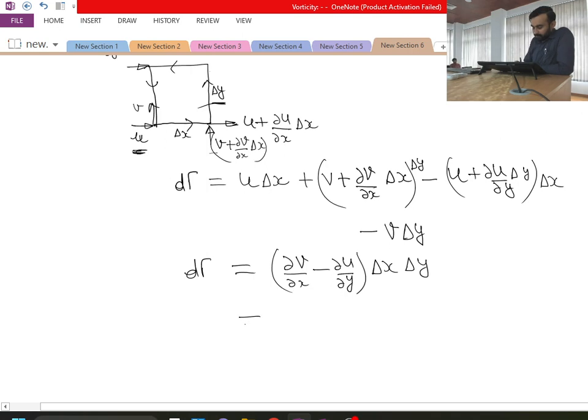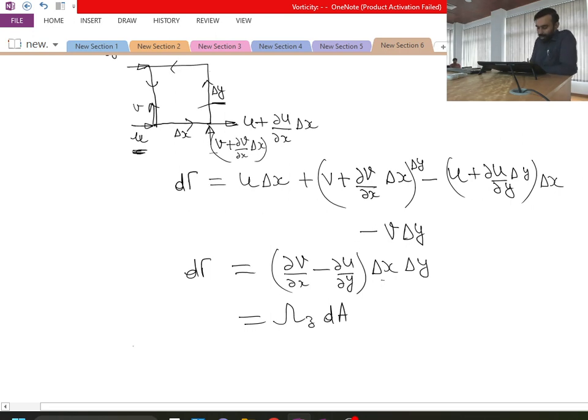So what is this? Del v by del x minus del u by del y. Omega z. This is nothing but omega z. Omega z times delta x delta y. What is delta x delta y? dA, area of this fluid element.